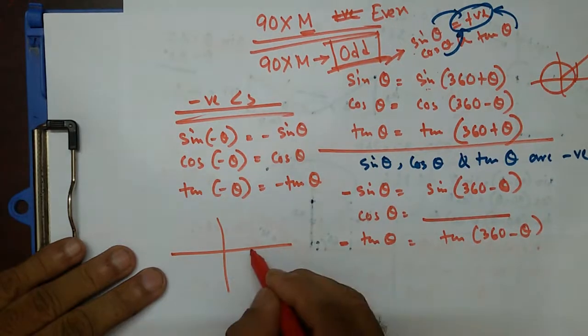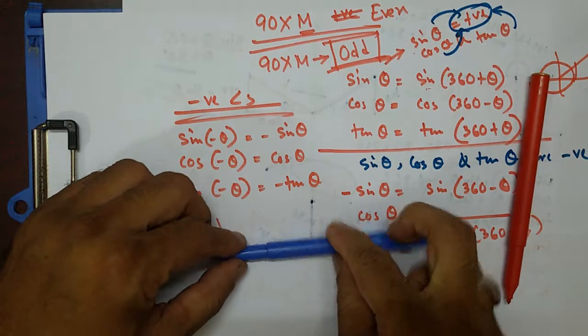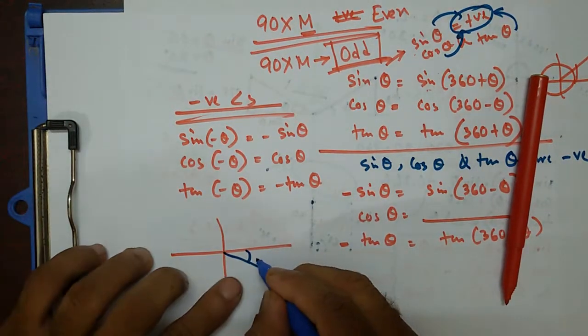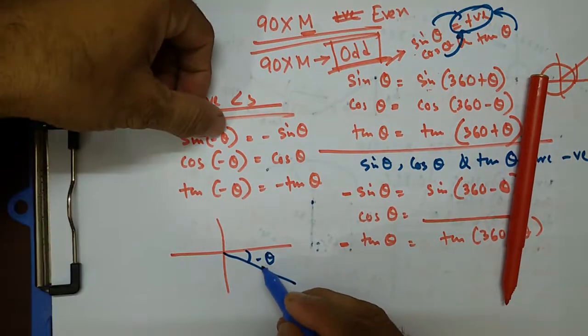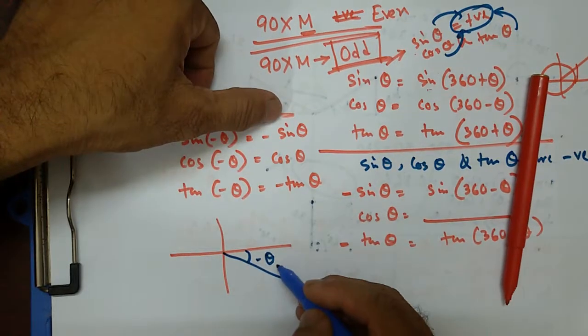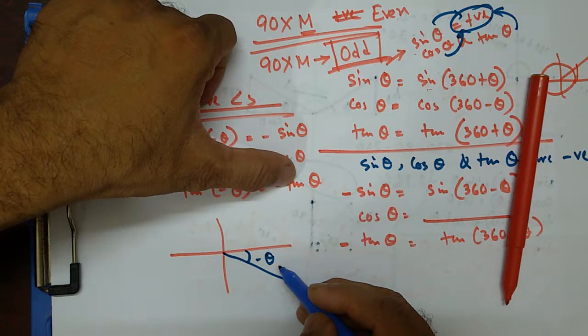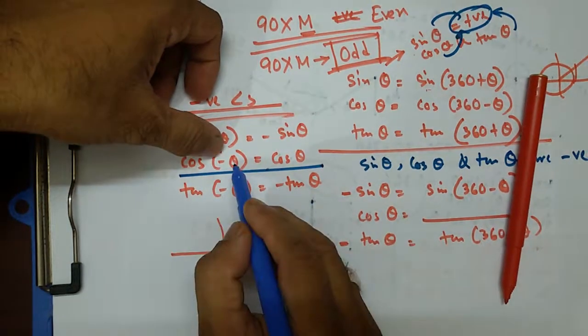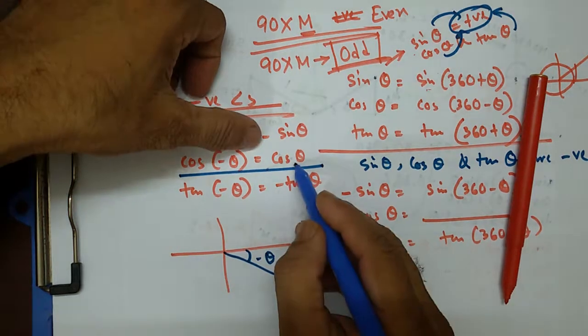Instead of going anti-clockwise, if this line moves clockwise, then this is negative theta. Sine is negative in the fourth quadrant, and tan is negative as well. Only cos is positive, so cos negative theta is always cos theta.